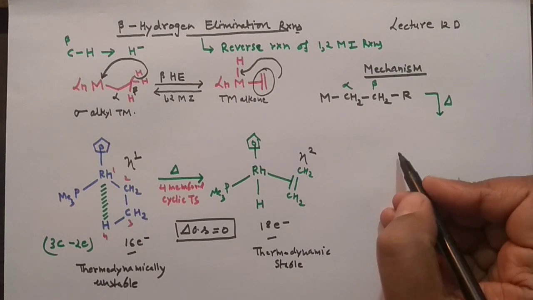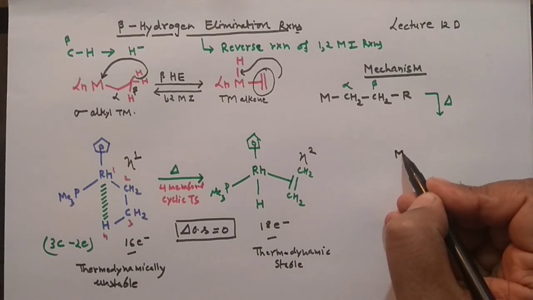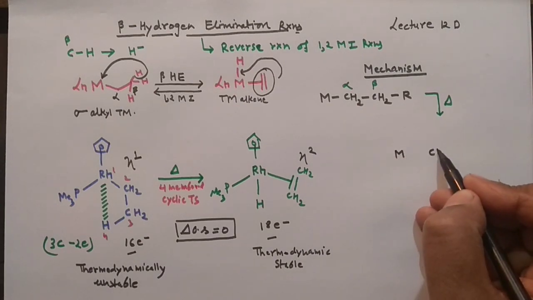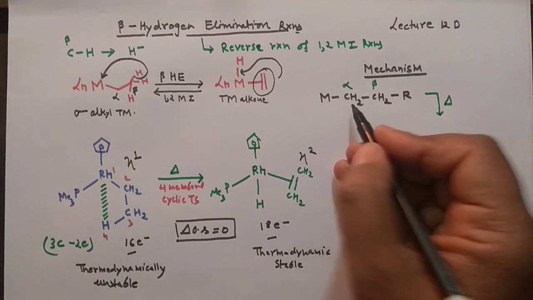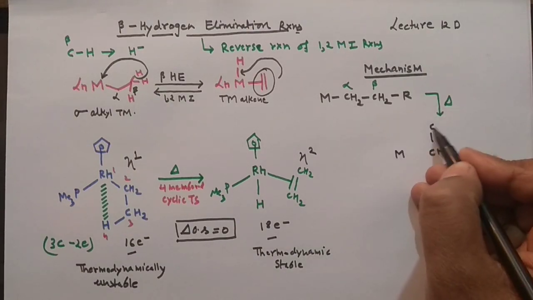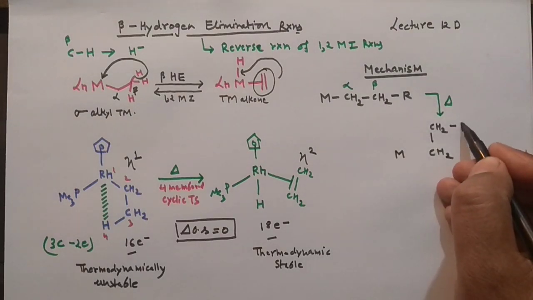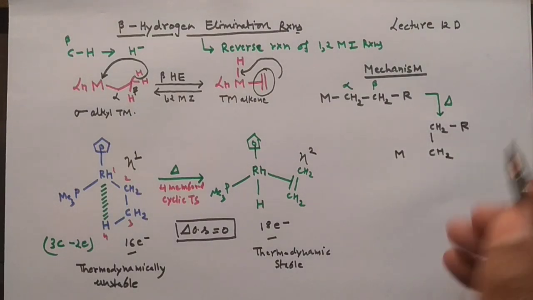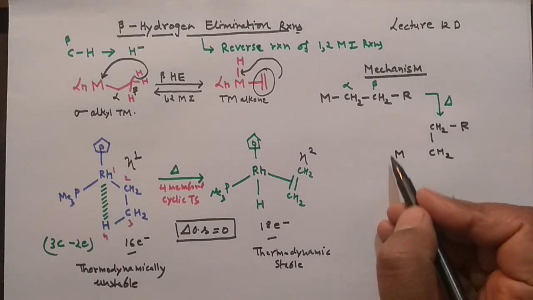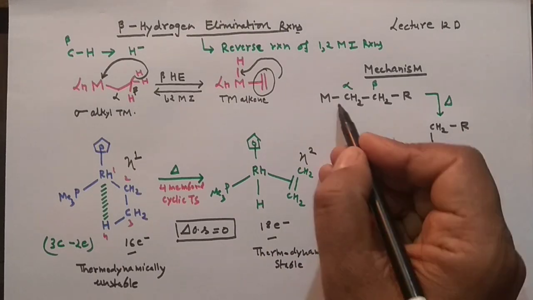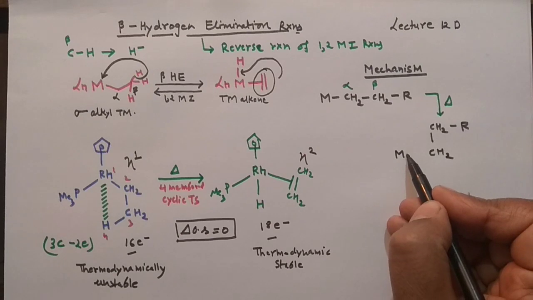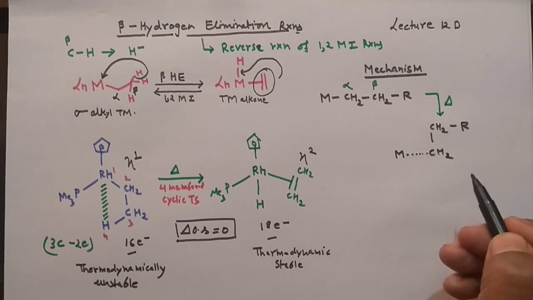I'm writing my metal as such, and say this is my CH2, which is this one, and this is my CH2, which is this one, and this is my R. Okay, so what will happen actually is that this metal-carbon bond starts to break.